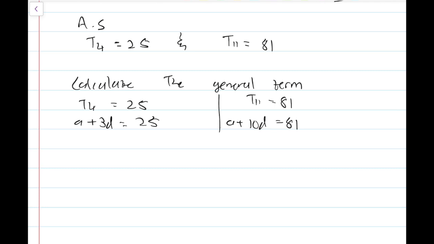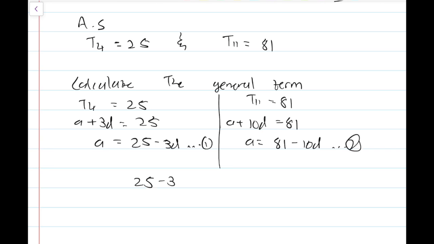I'm going to make A the subject of the formula on both sides. So A is equal to 25 minus 3D, and A is equal to 81 minus 10D. Equation 1, equation 2. Let's sort this out.